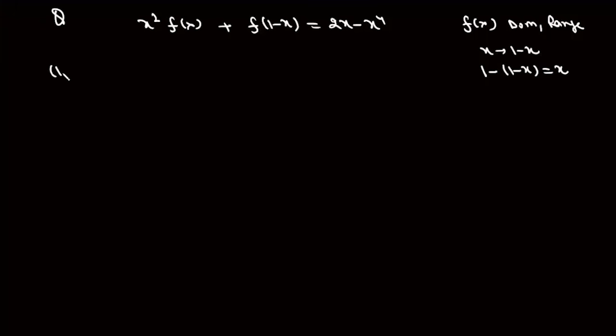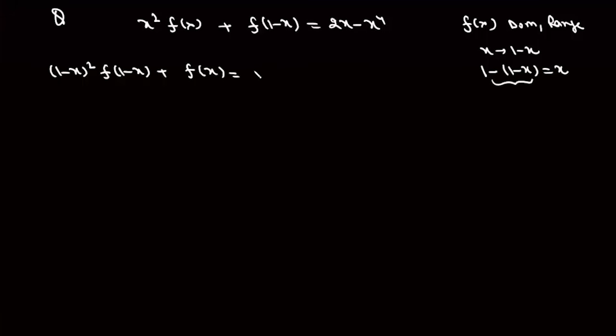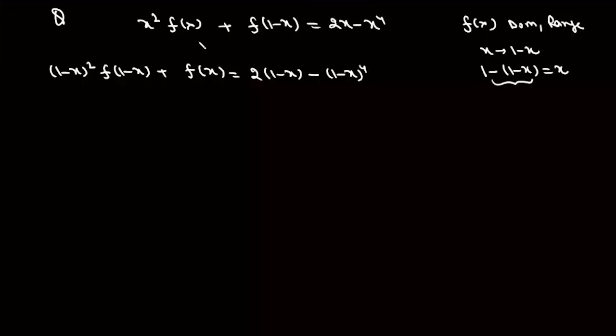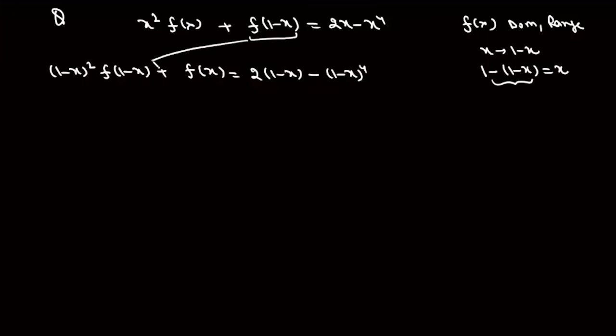So we can write (1 minus x) square f(1 minus x) plus now f(1 minus x) will be simply f(x), and then we'll have 2(1 minus x) minus (1 minus x) to the power 4. So it is a simultaneous equation in f(x) and f(1 minus x). So what we'll do is we'll substitute the value of f(1 minus x) here.